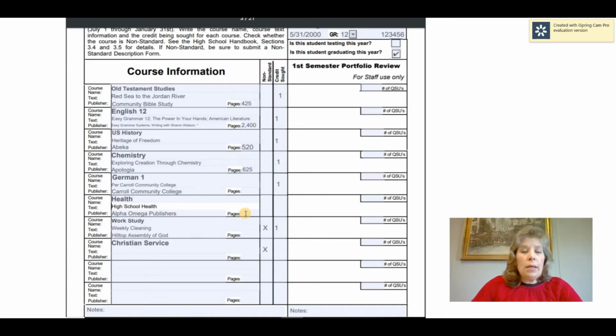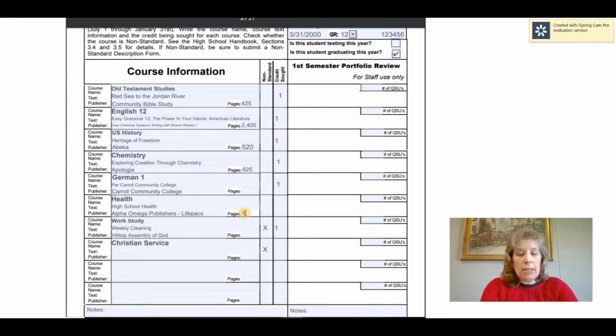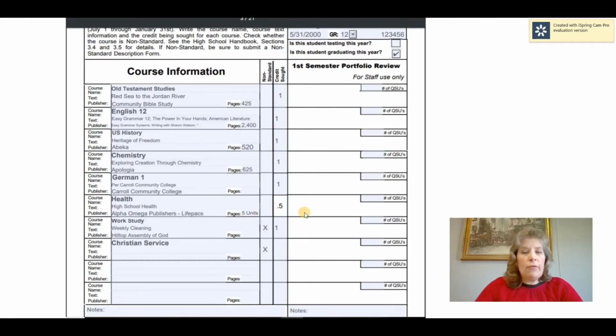Alpha Omega, if they are in the life pack format, which I'm going to make a note of here, typically has between 5 and 13 life packs, depending on how many credits you are seeking. High School Health is a half credit, and I'm going to indicate that there are 5 units or 5 life packs. This is a standard course, and we are seeking half a credit for this.